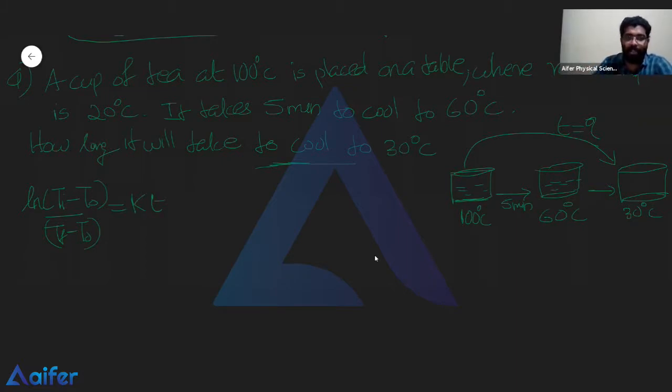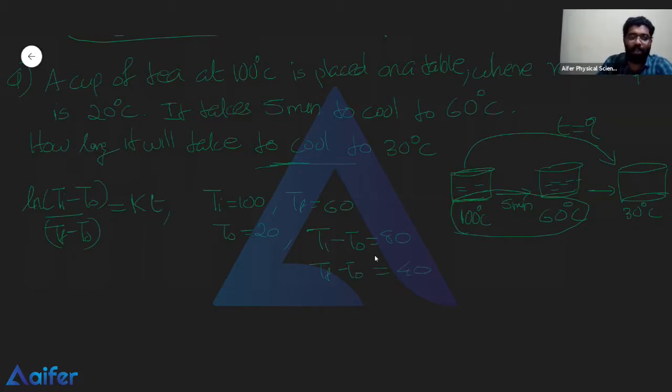So first case, I am considering the case where the temperature changes from 100 to 60 degrees. In that case, initial temperature is 100, final temperature is 60 degrees, surrounding temperature is 20 degrees. So Ti minus T naught will be 100 minus 20, which is 80, and T final minus T naught will be 60 minus 20, which is 40.